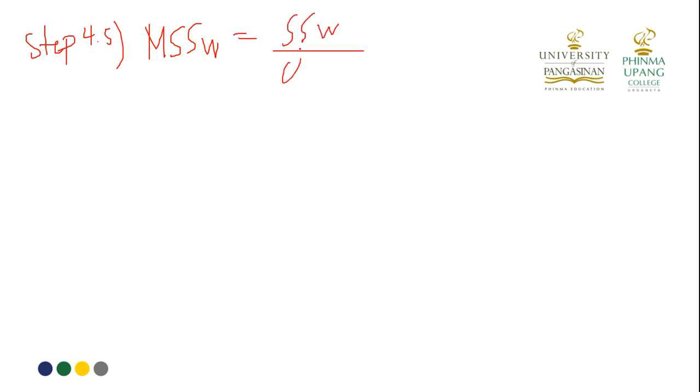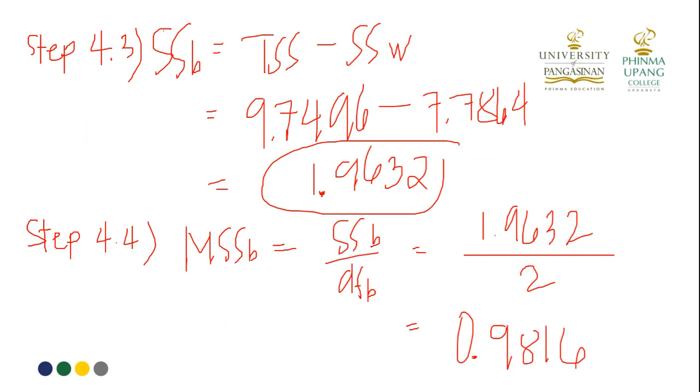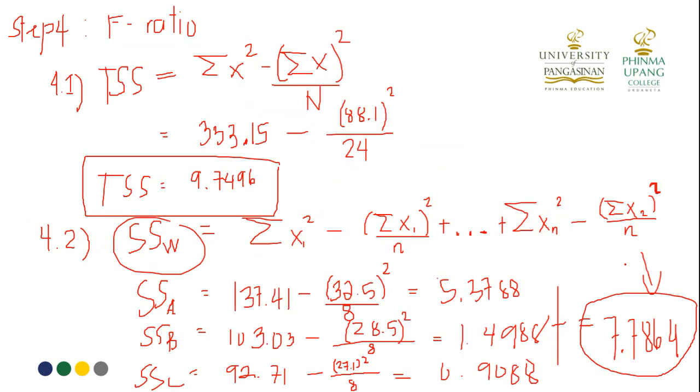So, step 4.5. That is the mean of the summation of squares within, SSW all over DFW. Nakuha na natin yung SSW, di ba? So, what is SSW? 7.7864.